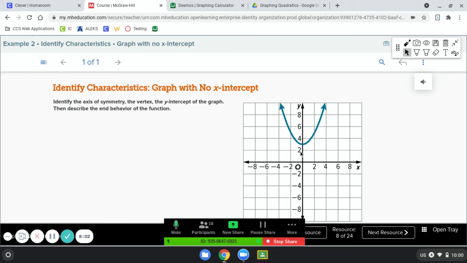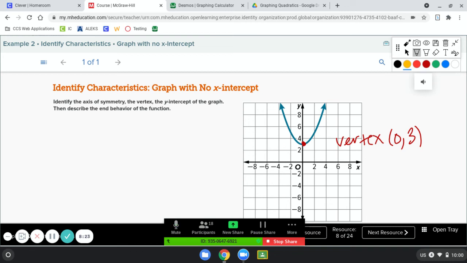So again, I always like to start with the vertex. Here, the vertex is 0, 3, this point here, the middle.